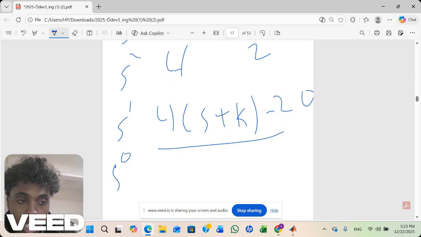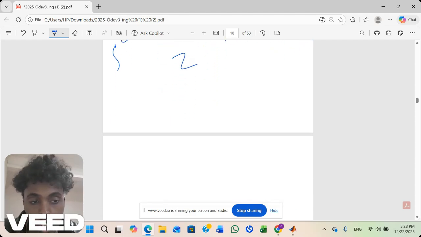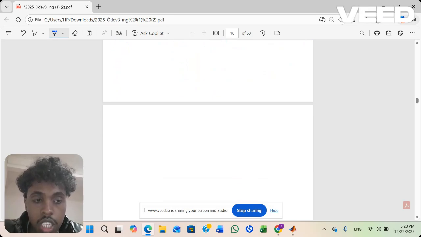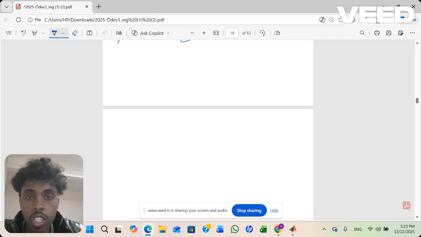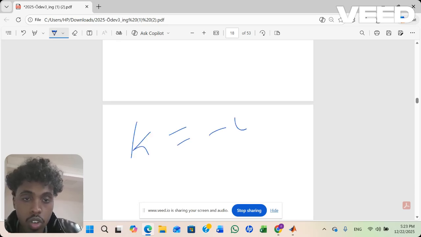So here is 4 and s0 is 2. So the final step is like this. So right now k is equal to minus 4.5.